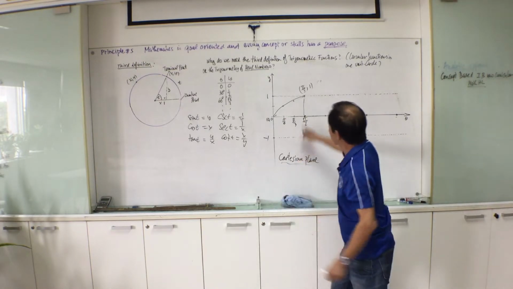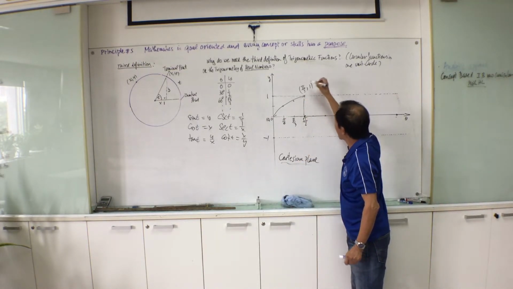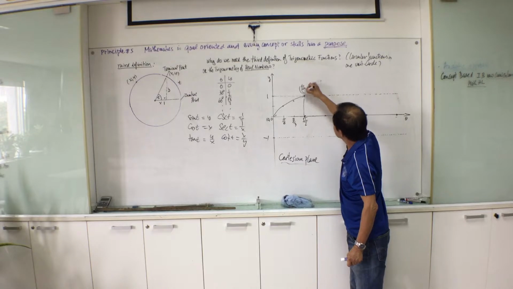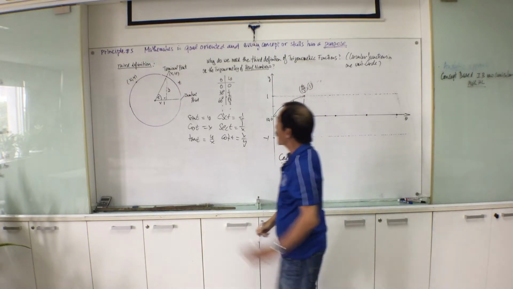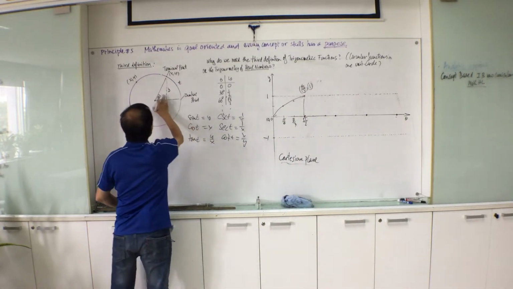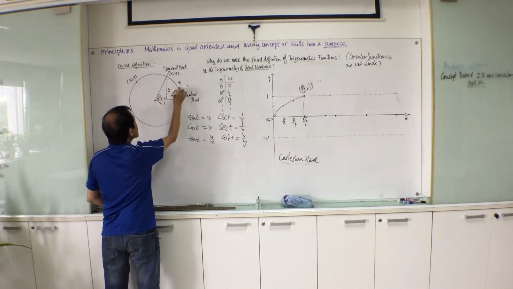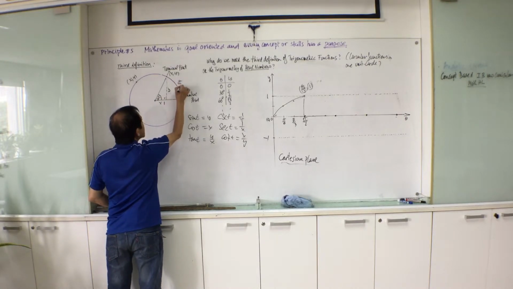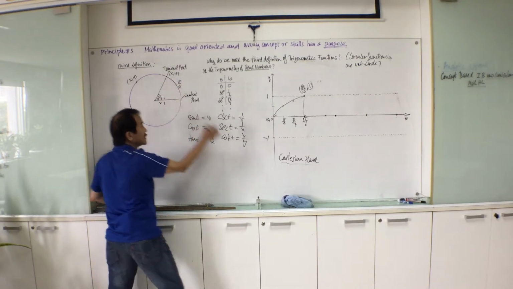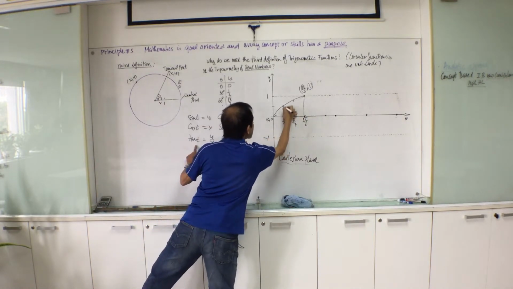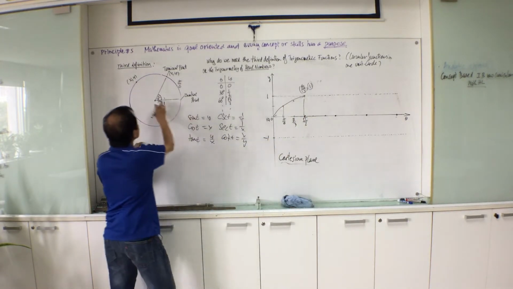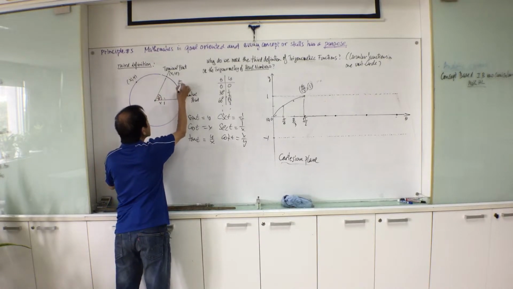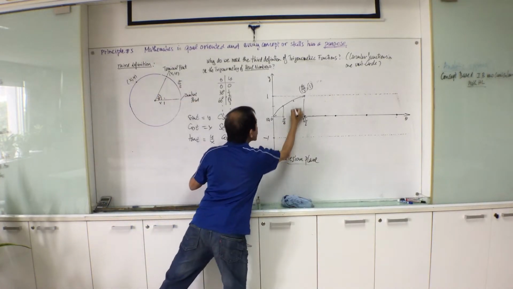The numbers are equivalent in value, but the meaning of this one is different from this one. For example, I put pi over 6 here, and pi over 6 here. Sine of pi over 6 equals 1/2, and sine of pi over 3 equals root 3 over 2.